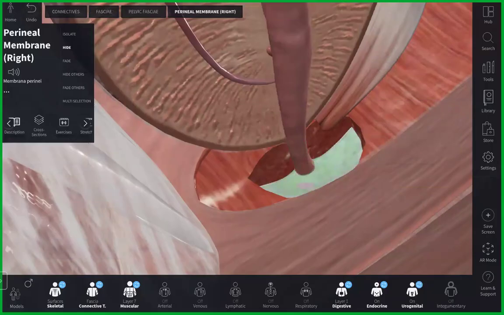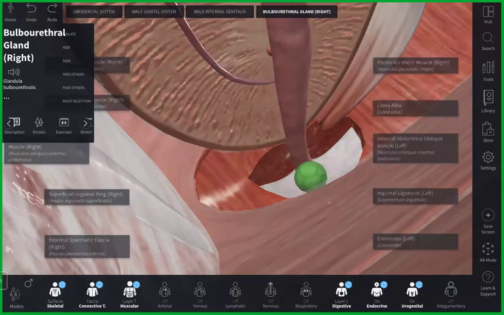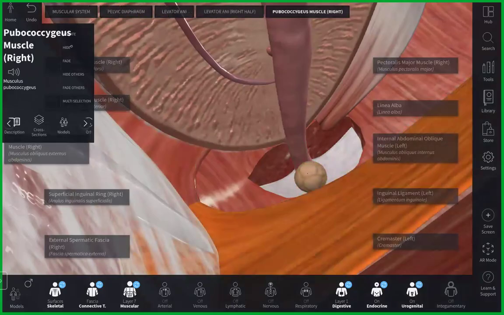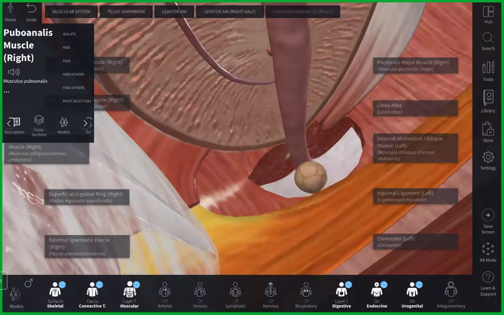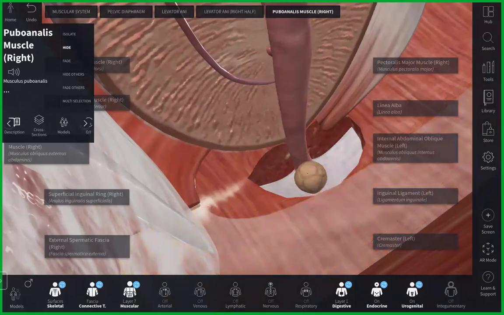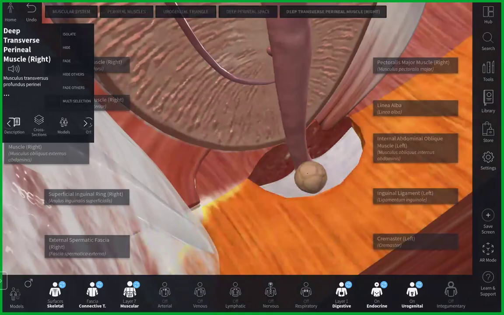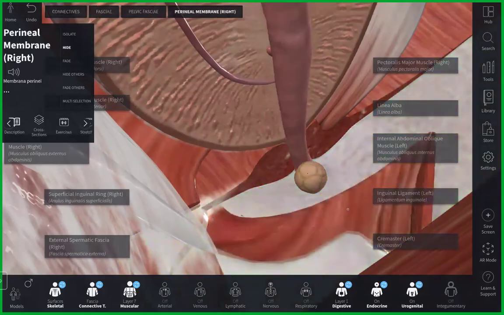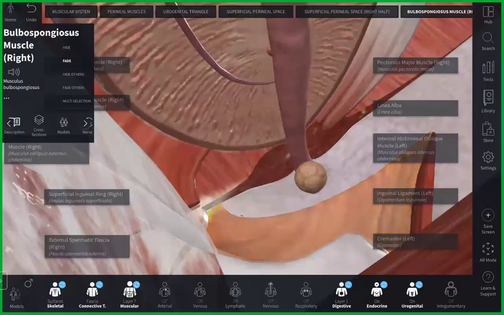Okay. We hide pubococcygeus, we hide puborectalis. Right now we don't need that. Deep transverse, we don't need that right now. Perineal membrane.